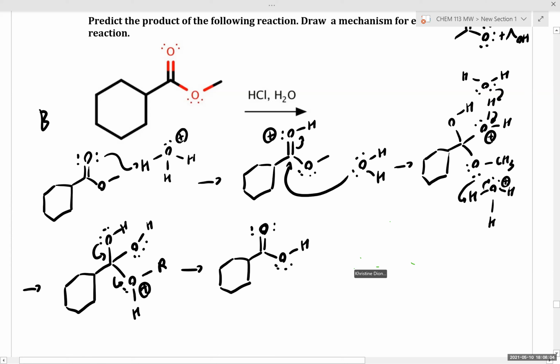And that gives us our carboxylic acid. But we're not quite done yet, because when we kick down the lone pair, we're left with this protonated carboxylic acid. And this protonated carboxylic acid is then deprotonated on our cleanup step to give us our neutral isolable product.